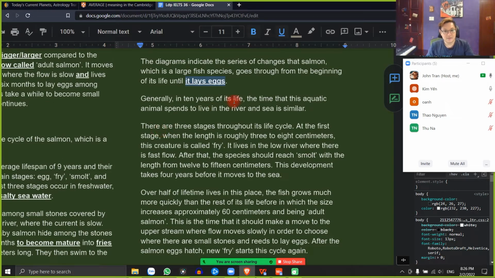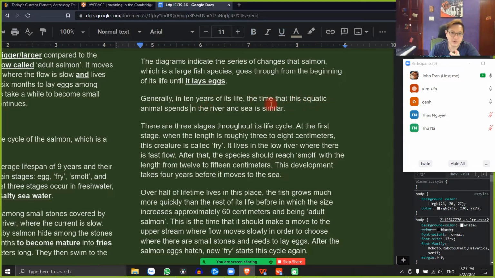Generally in 10 years of its life, that this aquatic animal spent in the river and spent to live in the river. Which one is better? Dành để sống trong dòng sông hay là thời gian dành ở dòng sông? Which one is better? You don't need to say spend to live in the river.